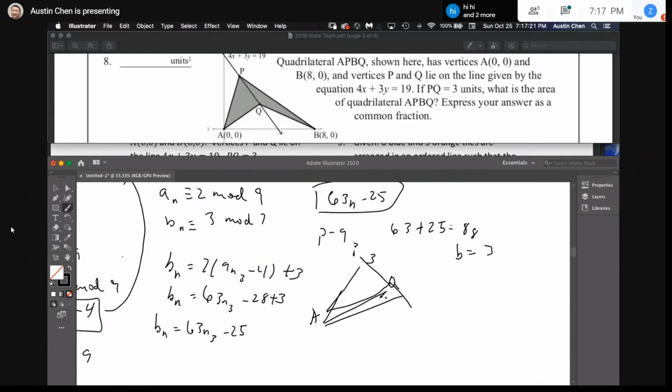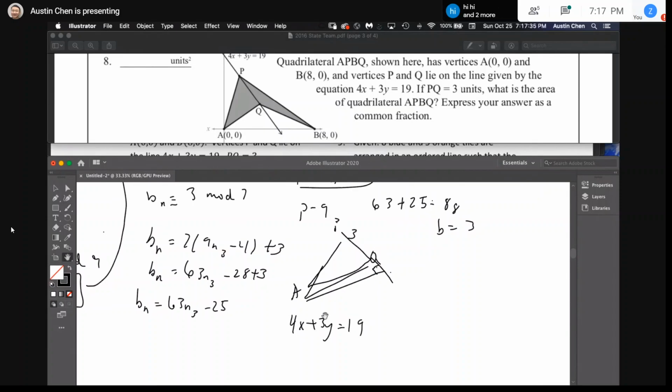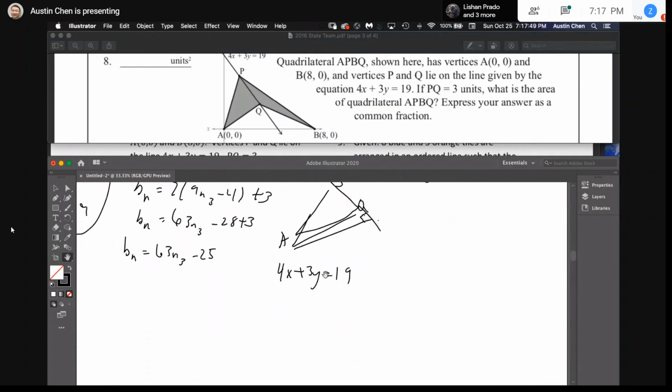We want to find the height, so it's going to be a line that is perpendicular to this line, because it has to make a right angle with this line, and it has to go through (0, 0). If it's perpendicular to this line, what does it mean? It has the negative reciprocal slope of this line. And what's the slope of this line? Well, it's just negative 4/3.